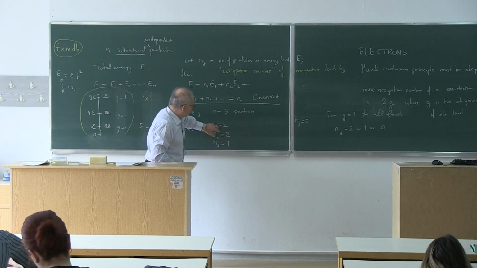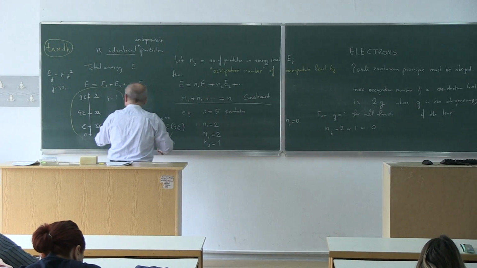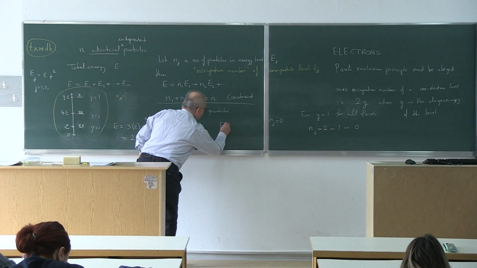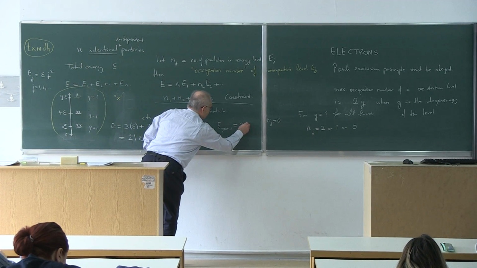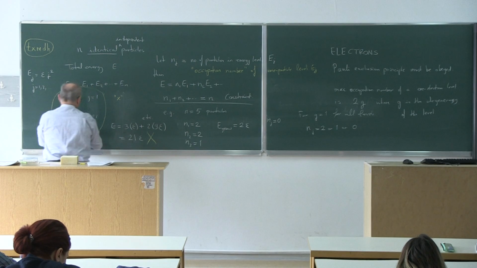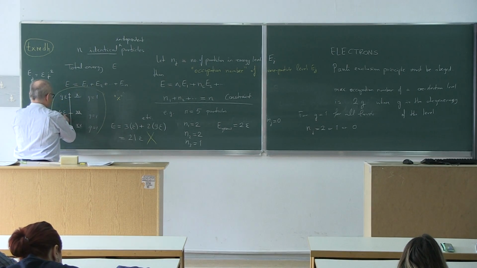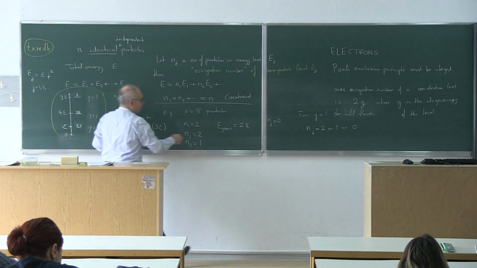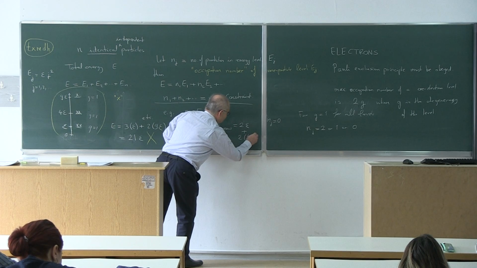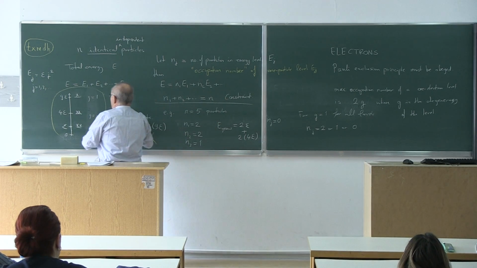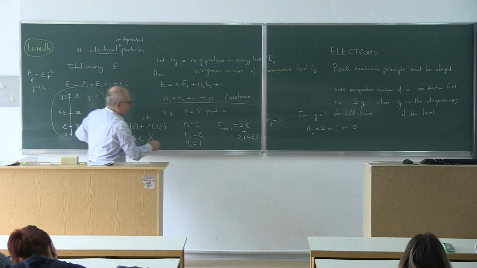So the lowest possible energy is 2 times eps, number of particles times the energy, plus number of particles times this, 2 times 4 eps, plus 1 times 9 eps.